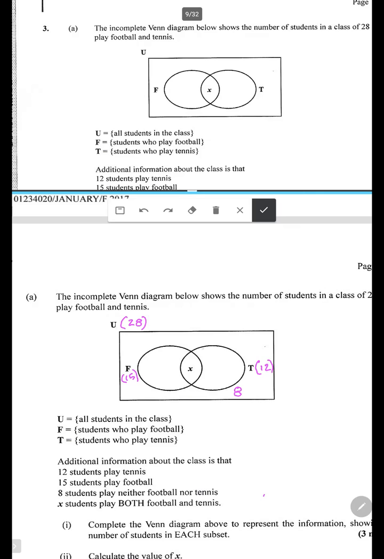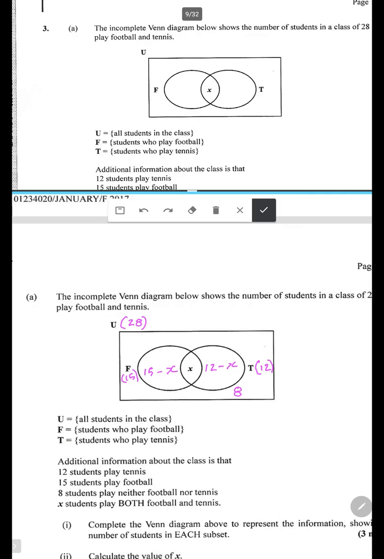Because the total in tennis is 12, and you have X inside there already, the region for tennis only is 12 minus X. Similarly, since the total in the football set is 15, and you already have X inside here, the section for football only must be 15 minus X. So that's the completed Venn diagram.